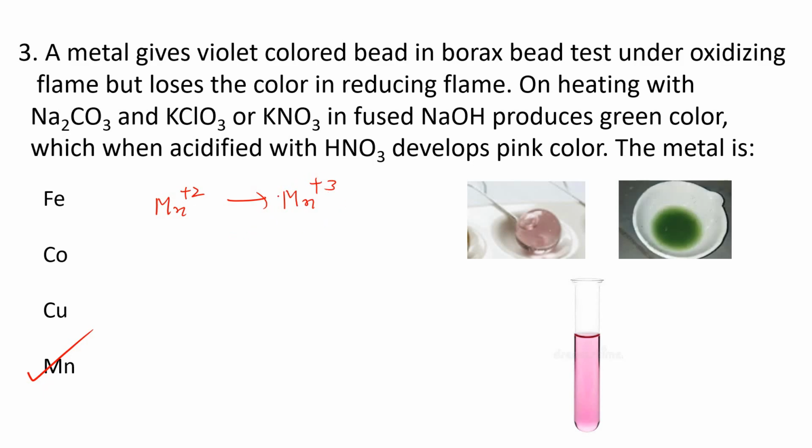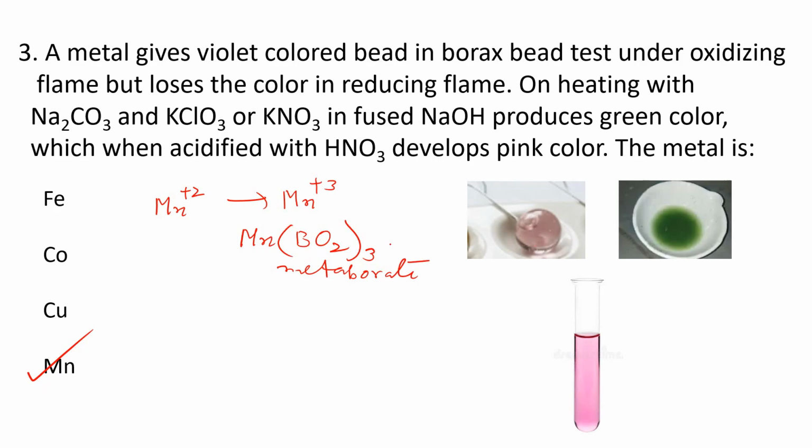So here the violet colored metaborate of manganese 3 is formed. That means Mn(BO2)3. This is the metaborate of manganese 3, which is violet in color.